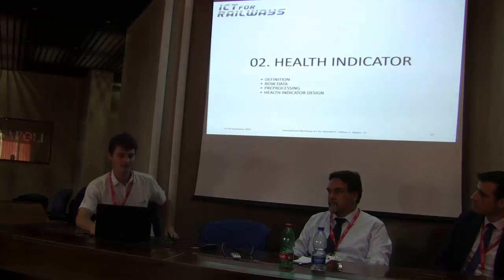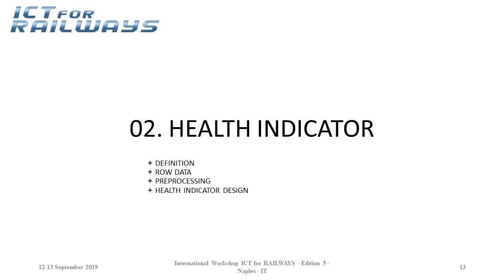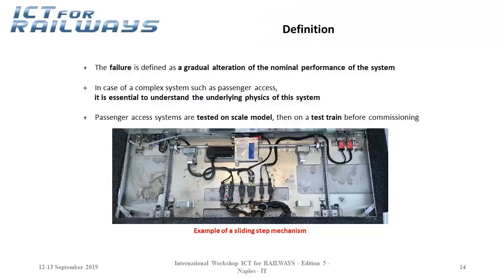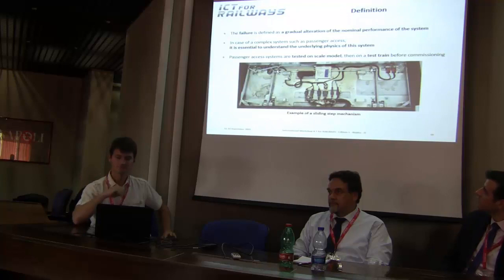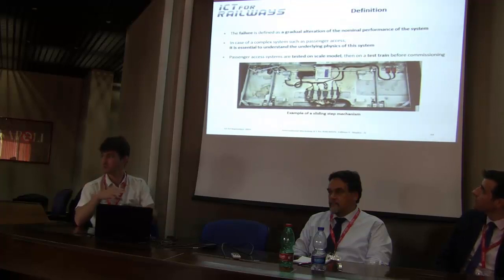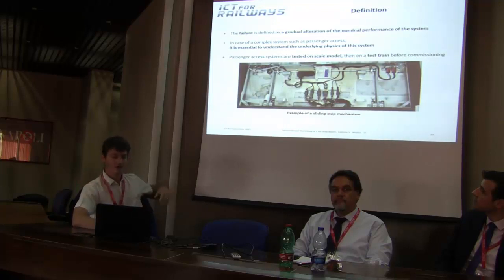About health indicators, a few definitions. We talk about the step from raw data to the design of health indicators. First, failure can be defined as a gradual alteration of the nominal performance of the system. In the case of a complex system such as passenger access, it's essential to understand the underlying physics of the system, and to use the field expert who knows exactly how the door, steps, etc. work.